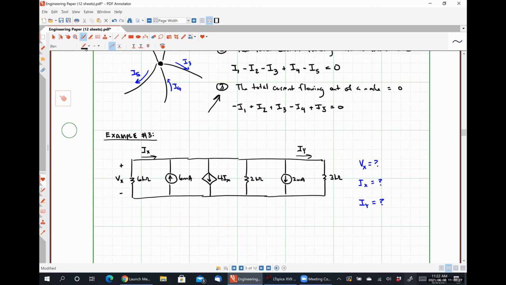Okay, so I'm going to tell you guys exactly how I intend to start this problem out. When we're applying Kirchhoff's current law, we need to pick a node at which to apply it. So I am going to pick the top node.